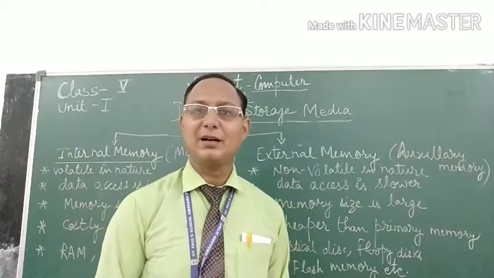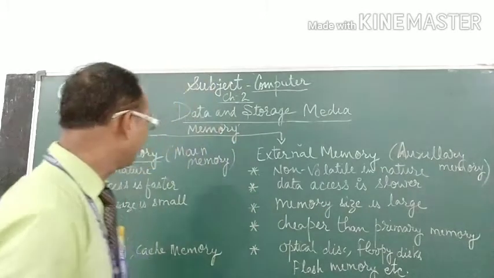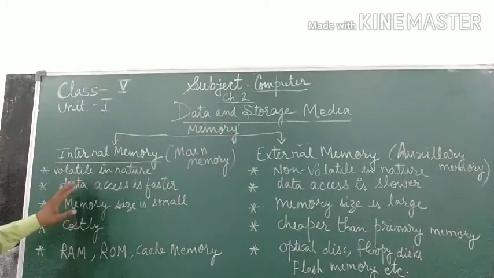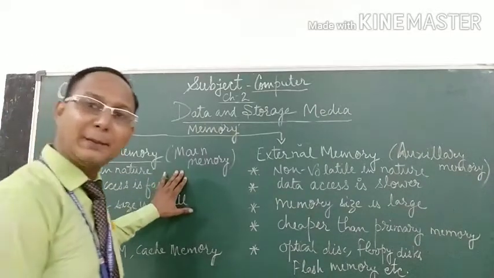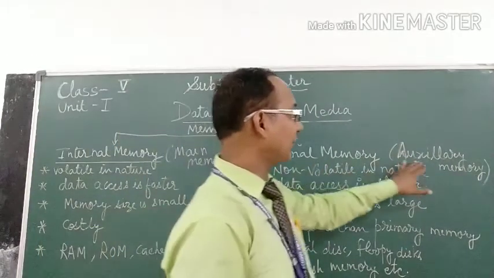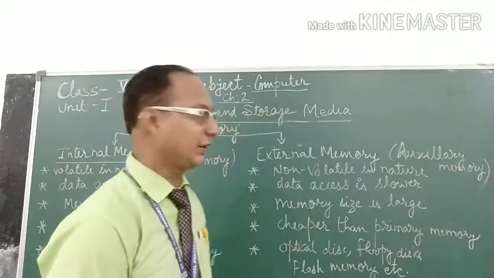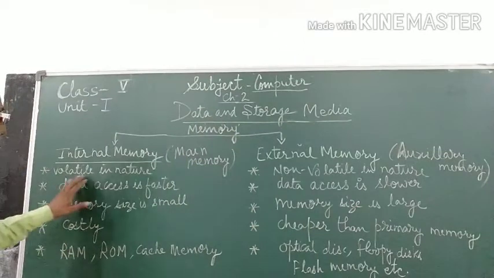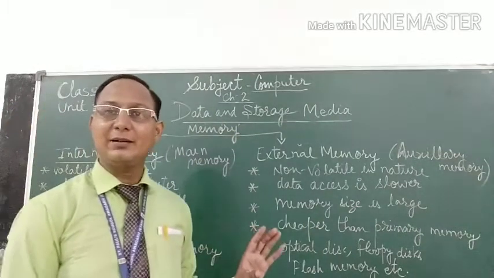Now let us see the differences in both the memories. Internal memory is also known as main memory or primary memory. External memory is known as auxiliary memory, also known as secondary memory. Internal memory is volatile in nature.